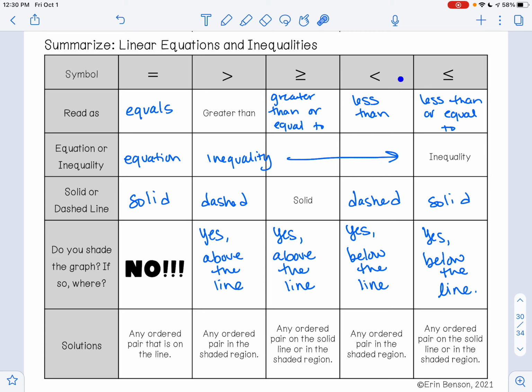For less than, your solutions will be any ordered pair in the shaded region. And for less than or equal to, that will be any ordered pair on the solid line or in the shaded area. So this chart right here will be very useful to you as you're going through and completing your assignments.